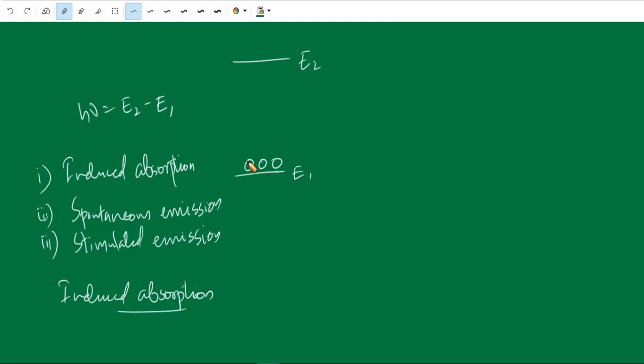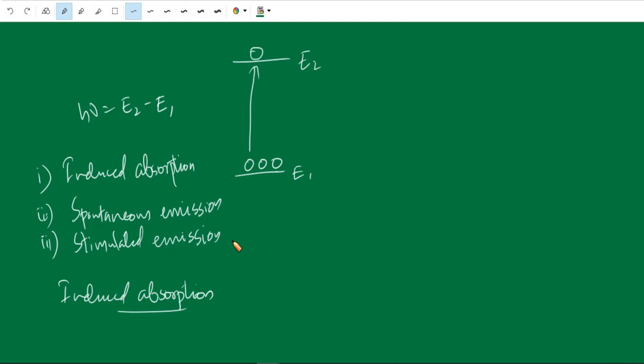So this atom jumps to the energy level E2. This process is called induced absorption. So induced absorption is what? An atom at a lower energy level absorbs energy from the photon and goes to the excited state.